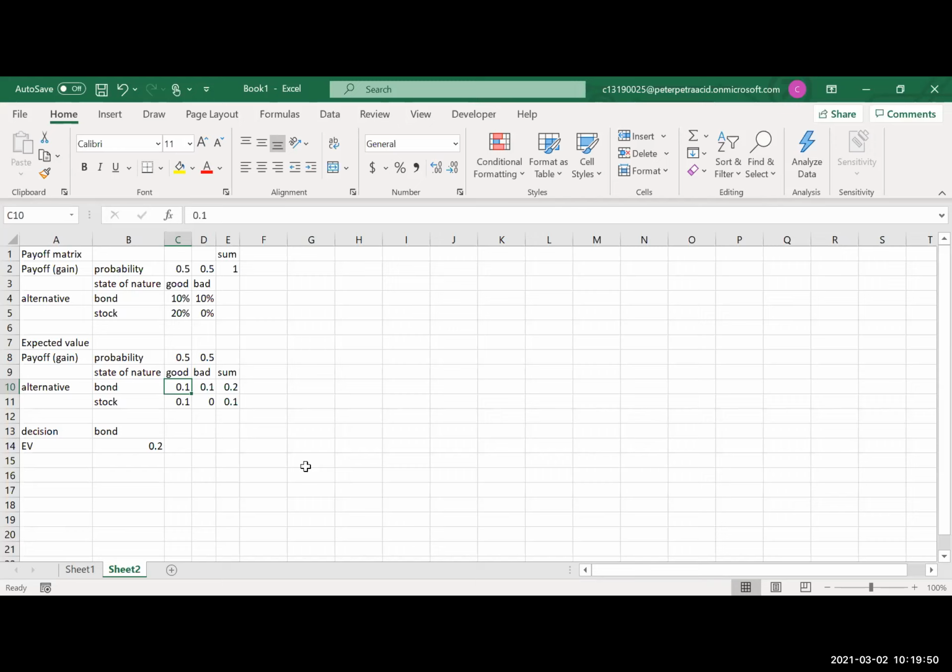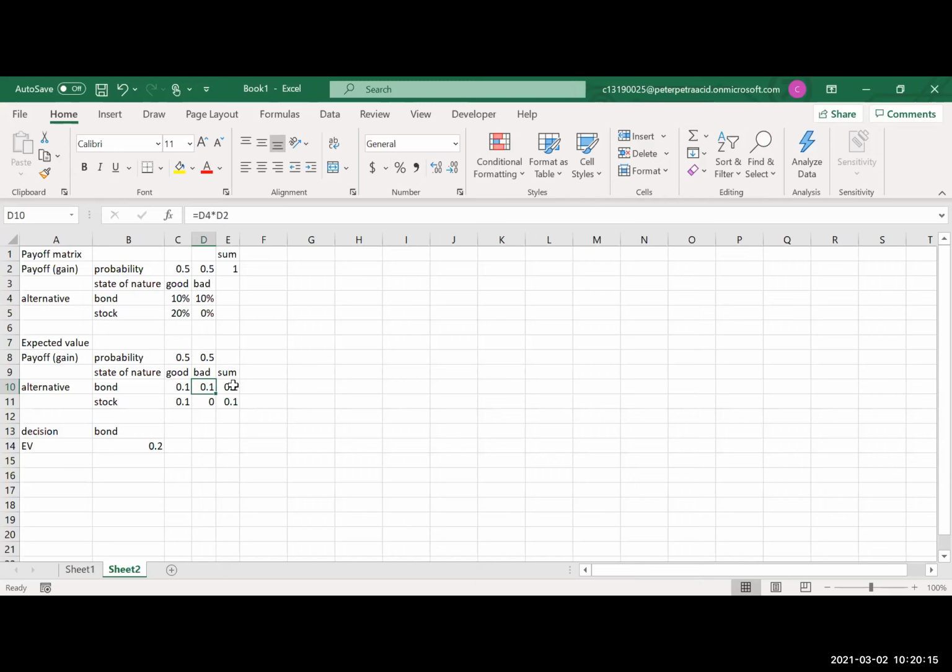You need to take the average, isn't it? Not the sum. Oh, the average of these two. Probability multiplied by the value: 0.1 multiplied by 0.5 plus 0.1 multiplied by 0.5.